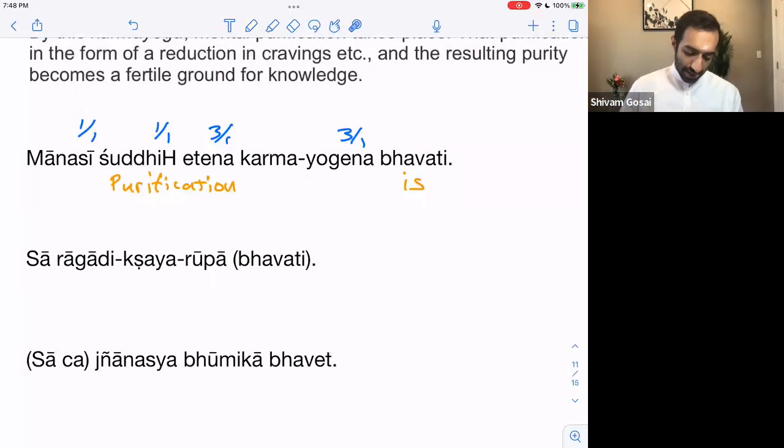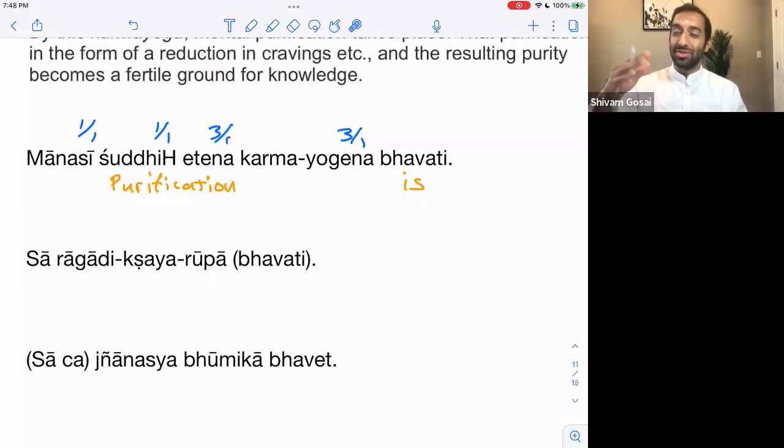So manasi shuddhi. So the difference between manas and manasi. Manas is mind. Manasi is that which belongs to the mind. And so what would that be?